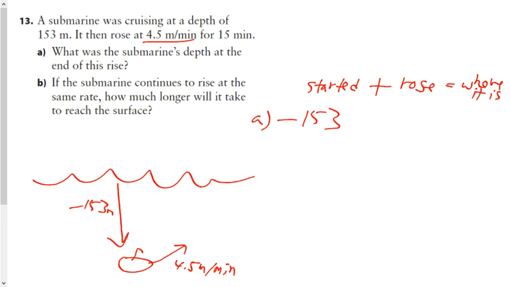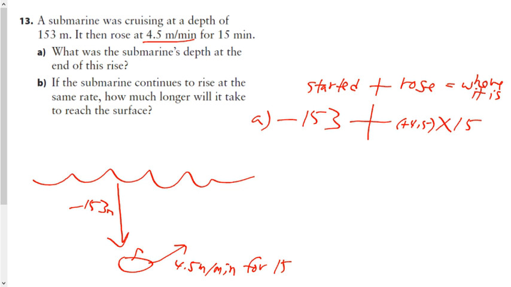So where it started is minus 153 below water plus how much it rose. Now if it rose 4.5 meters for 15 minutes, we're going to use a positive 4.5, meaning going up, multiplied by 15 minutes. If it was 10 minutes, it would have gone up 45 meters. So that is the BEDMAS question we're going to use.